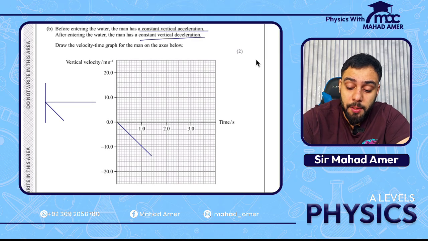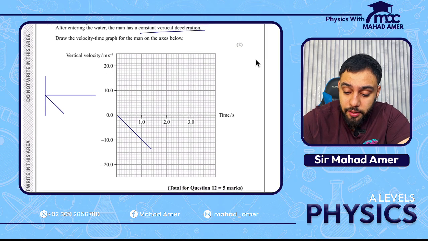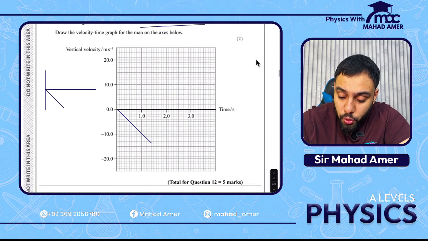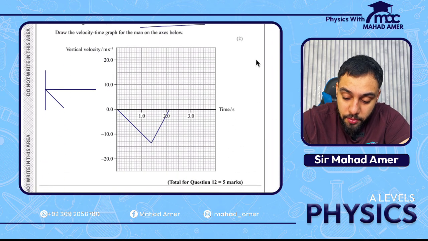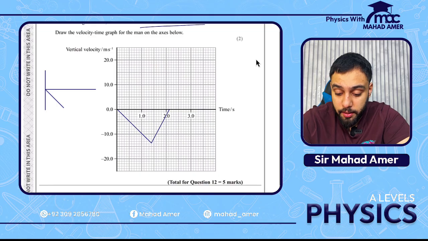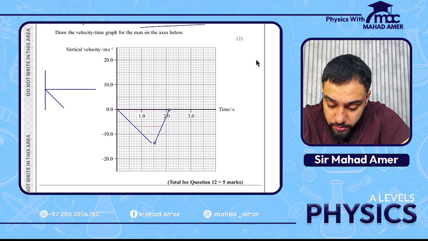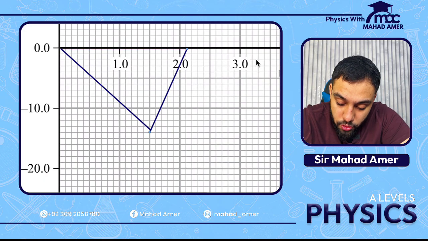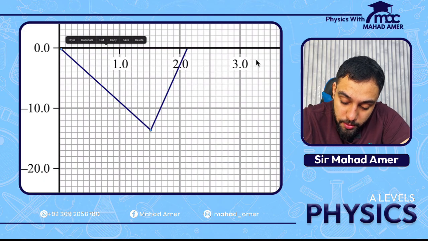It's deceleration in the negative direction, and the time is given as 2.1, so till 2.1 the graph is going to come to rest. This is going to be the shape of the graph for 2 marks, and this is a very important question. I've drawn it a little wrong, because it's 1.5.